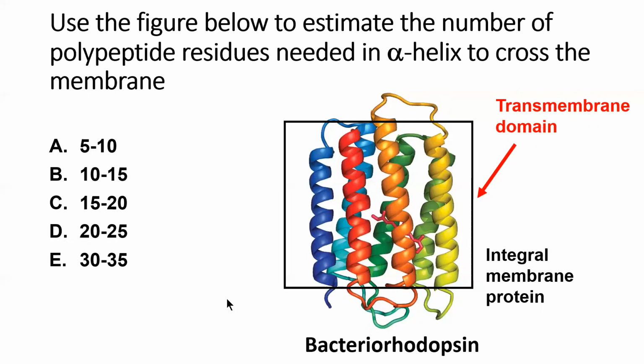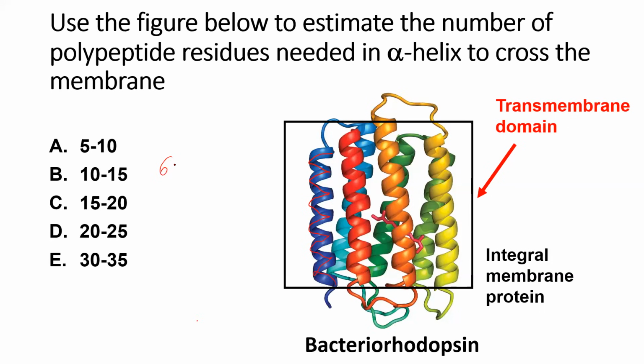Okay, so we remember from our earlier chapter on the structure, right? We can estimate the number of residues by counting the number of loops in the helix. And so remember, the helix is what's spanning the nonpolar region of the lipid bilayer. And so we can say 1, 2, 3, 4, 5, about 6, right?